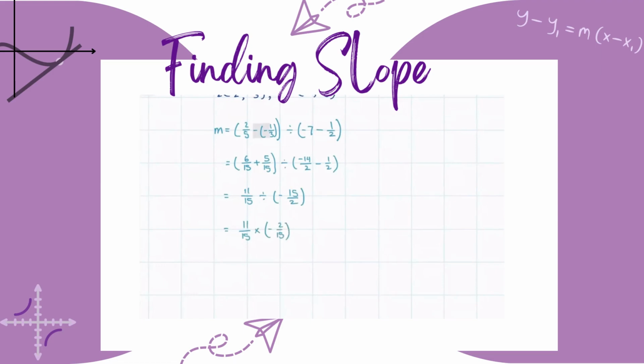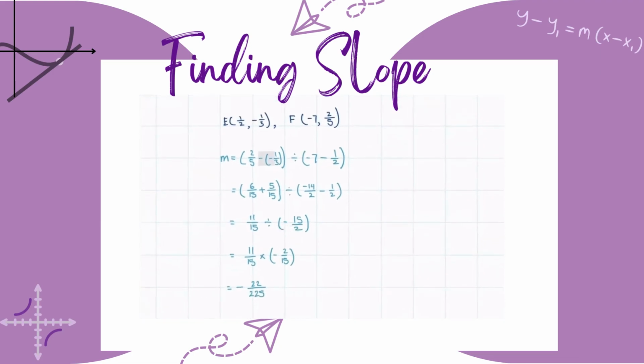The next step would be to see if I can cancel anything out, but by the looks of it, I can't. So I just multiply the numerators together and the denominators together. That gives me negative 22 over 225, and that would be my final answer. I know this is in lowest form because in our previous line, we weren't able to simplify anything. Yeah, that makes sense.